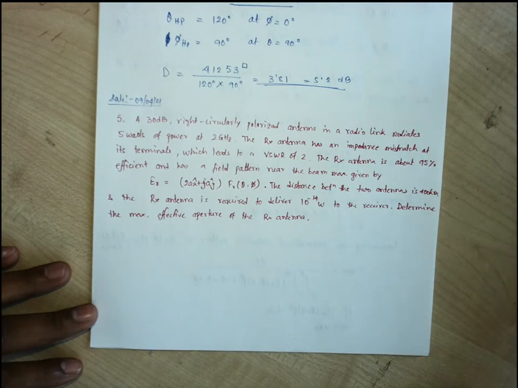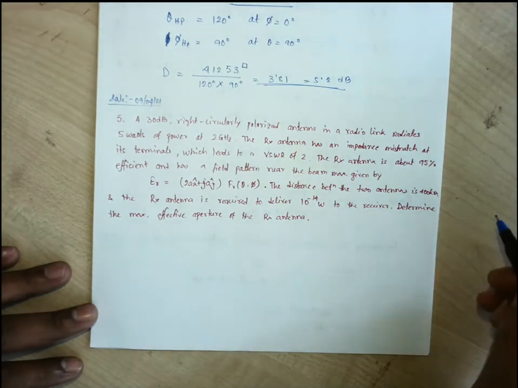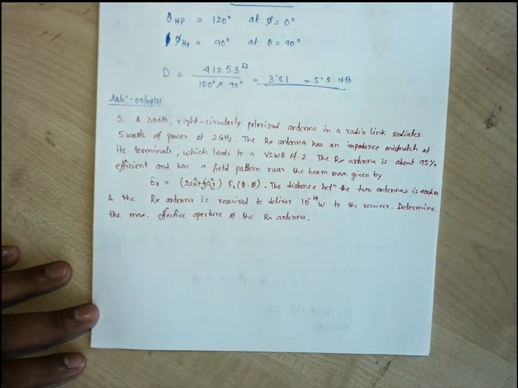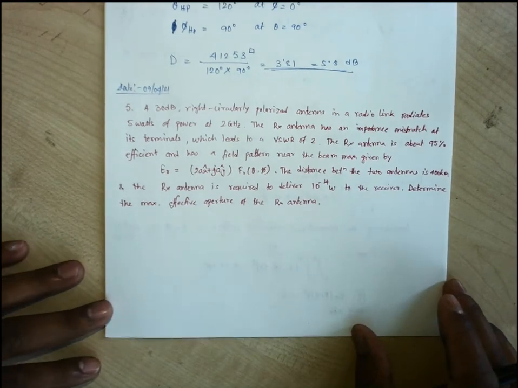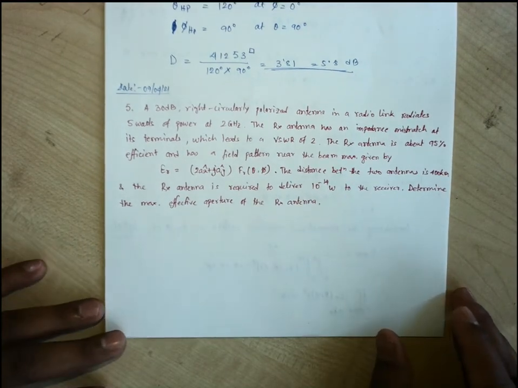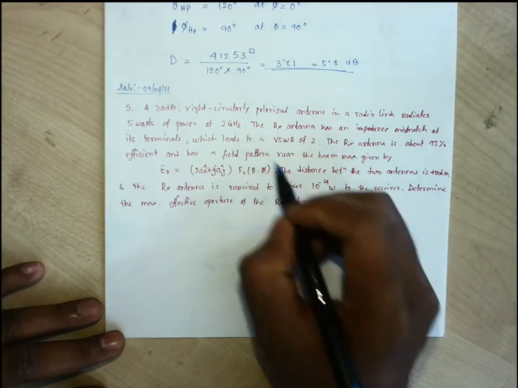So the receiver needs to take out 10 to the power minus 14 watt from the incoming signal and deliver it to the receiving section. So determine the maximum aperture for the receiving antenna, to deliver this much power under this scenario.